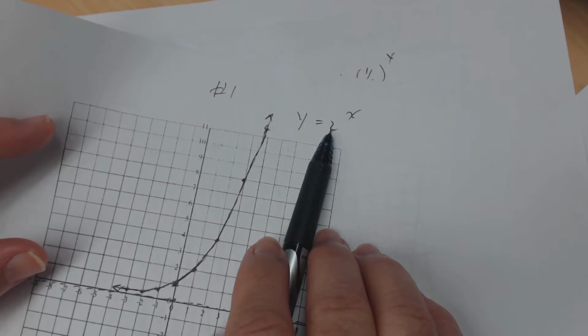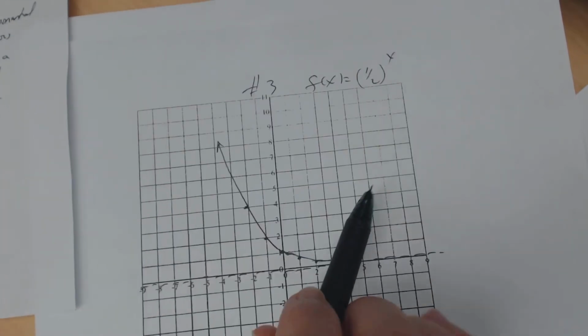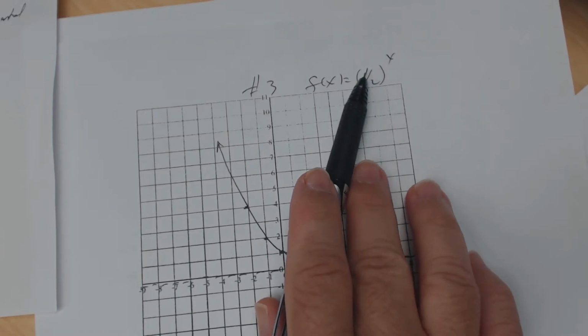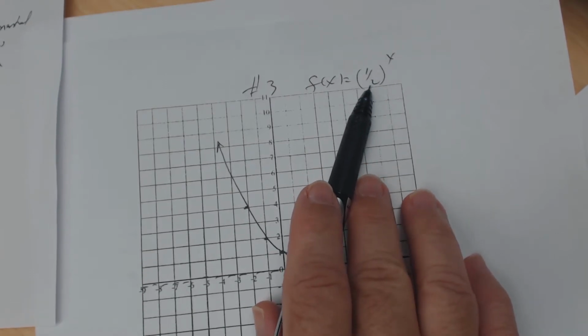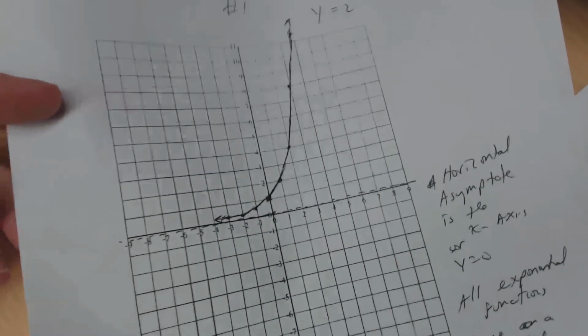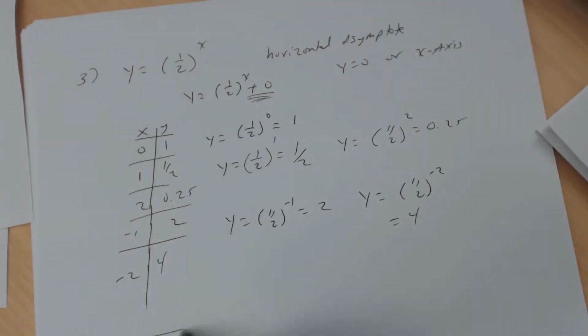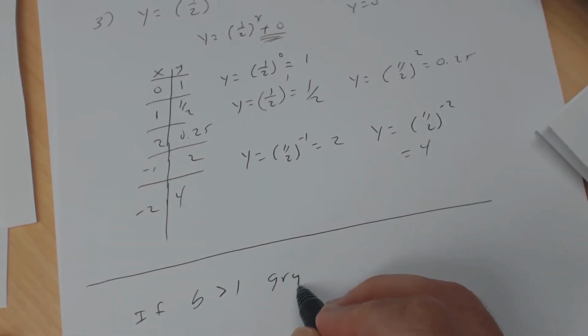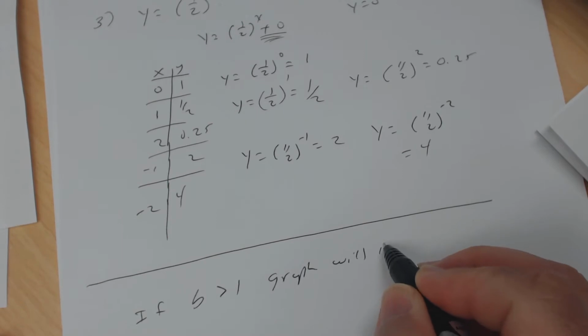Remember, an improper fraction is a number bigger than 1. 1/2 is a proper fraction, so the numerator is less than the denominator. All right? So one thing I need to remember is this. And let's go ahead and write it here. So if the base b is greater than 1, the graph will increase.